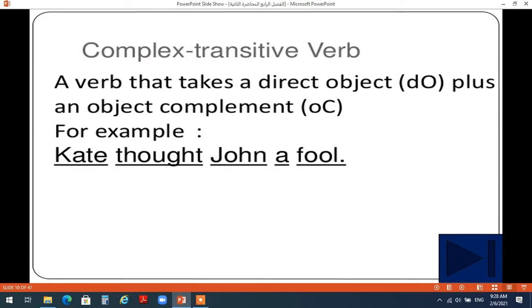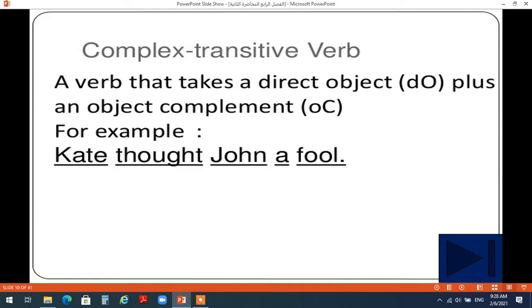Regarding the third type of transitive verbs, which is called complex transitive verb, it is a verb that takes a direct object plus an object complement. For example, Kate thought John a fool. As you see here, we will treat the verb thought as a complex transitive verb. Why? Because in the sentence we can find an object, which is a direct object, اللي هو John.